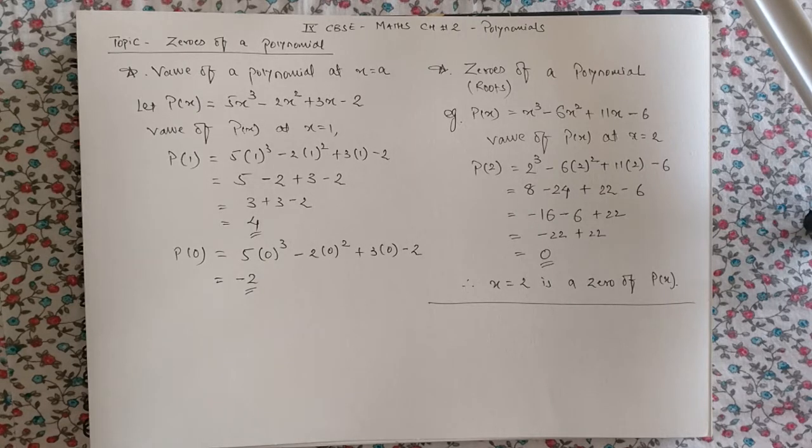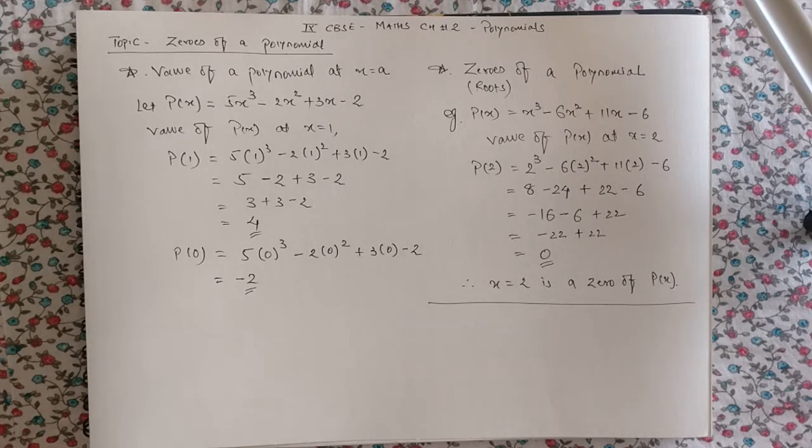So you see, a very, very important thing. It is a secret. Very few people know it. The relationship between the degree of a polynomial and the number of zeros it has: if it has the power 3, then it has 3 zeros. So 3 different values of x will make this polynomial 0.